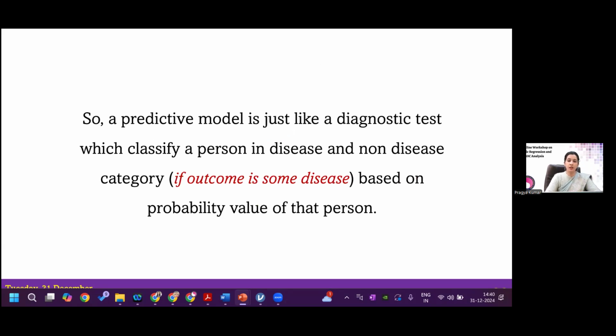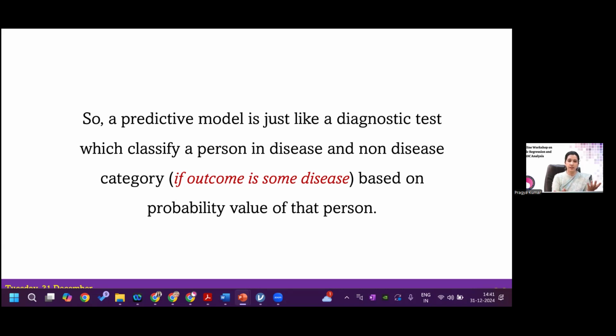So a predictive model is again like a diagnostic test, because you calculate the predicted probability and you set a cutoff point, where 0.5 is the default setting, and you can classify a person as having the disease or outcome. In this case the outcome was surgery cancellation.